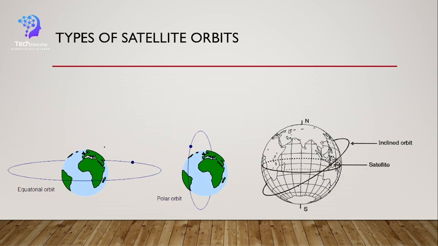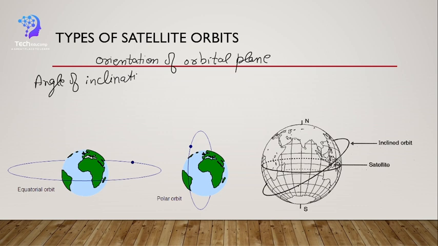The first one is on the basis of the orientation of the orbital plane. As we know, there are various types of orientation with respect to the equatorial plane of the Earth, and in the previous topic I told you about the angle of inclination.